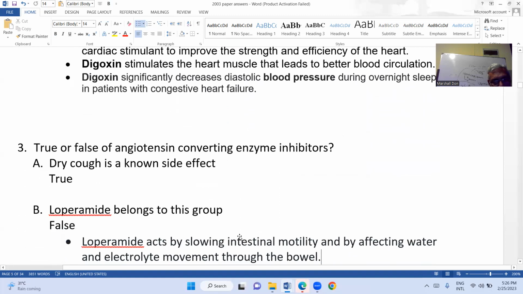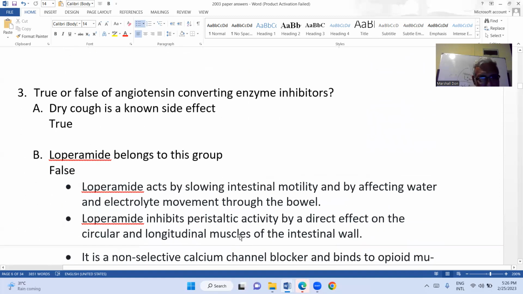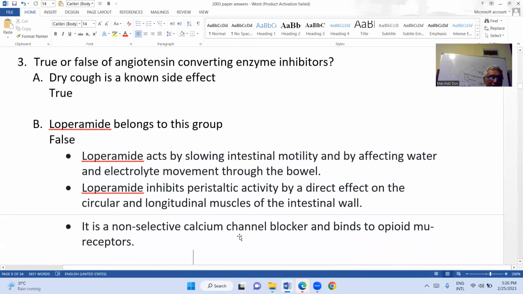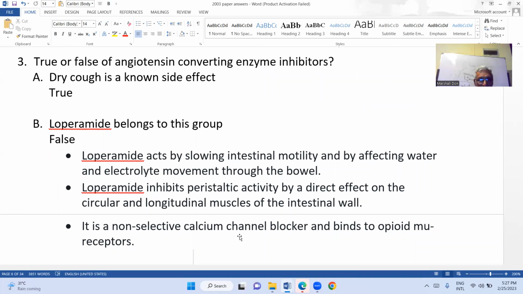3. True or false on angiotensin converting enzyme inhibitors. Dry cough is known as a side effect. Angiotensin converting enzyme inhibitors, ARB, ACE inhibitors cause dry cough.